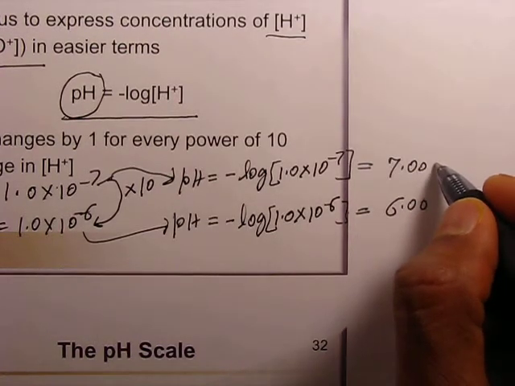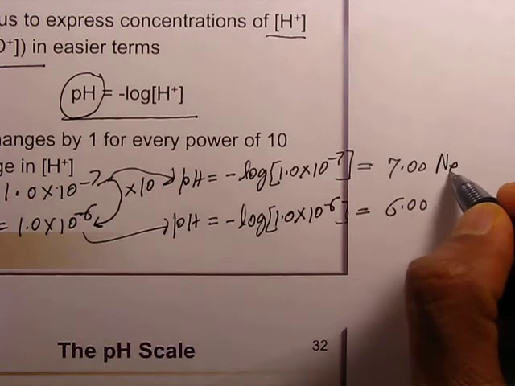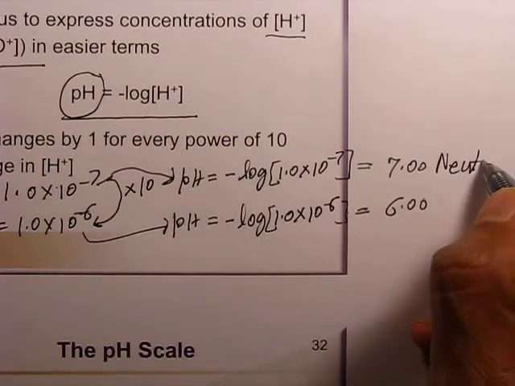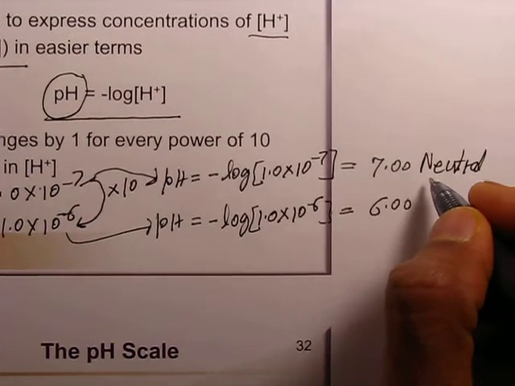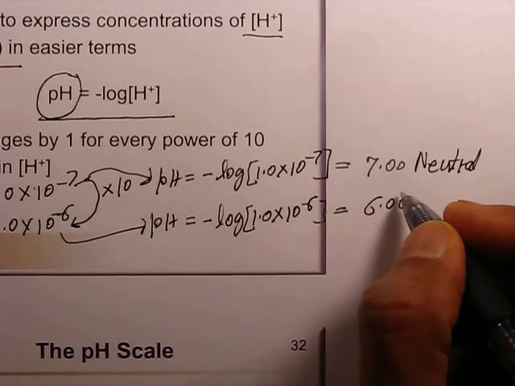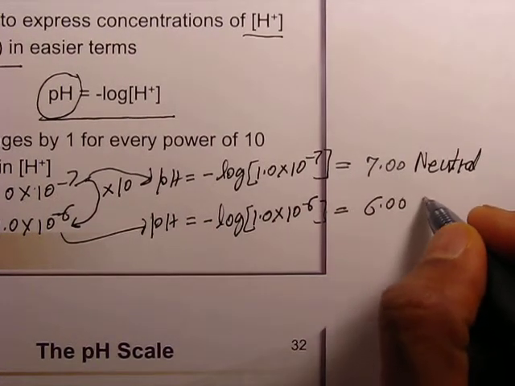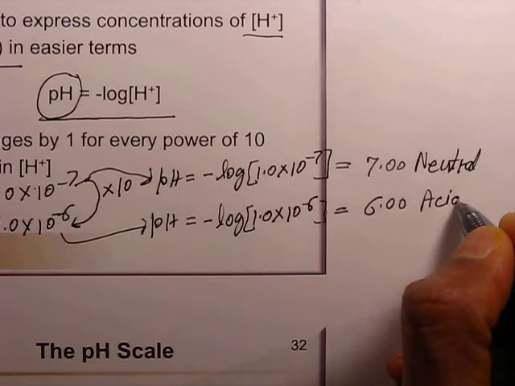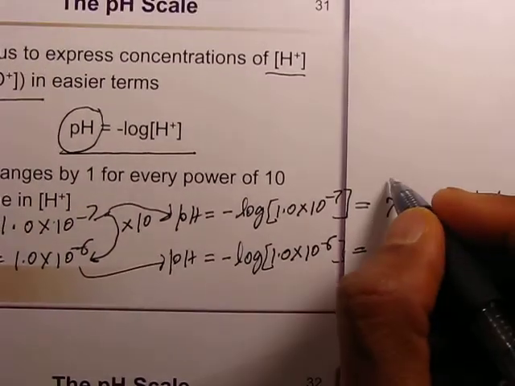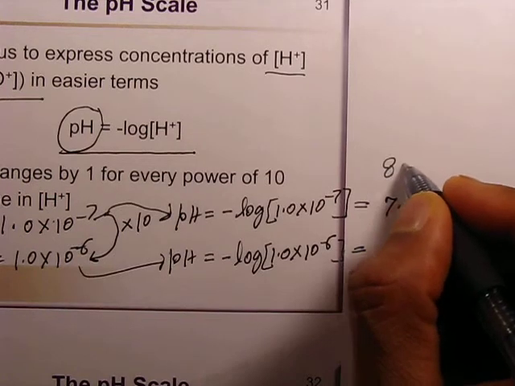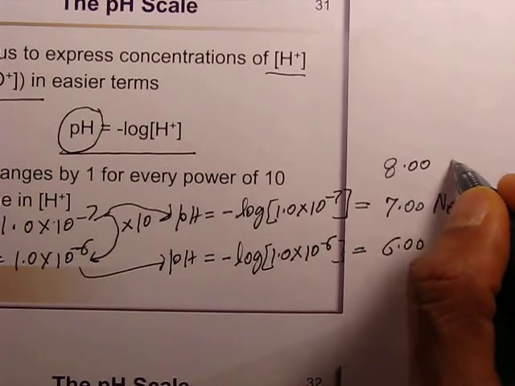So pH 7 means a neutral solution, as we have seen in the previous slides. If pH is below 7, it will be an acidic solution. And if the pH is above 7, it would be a basic solution.